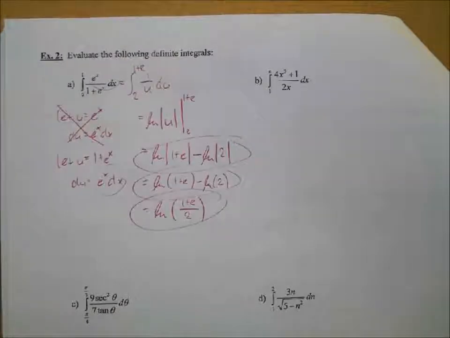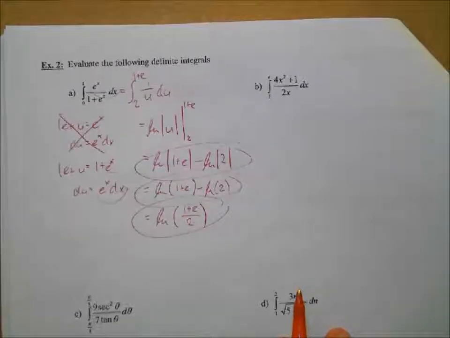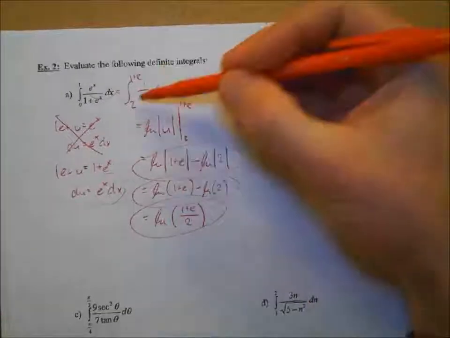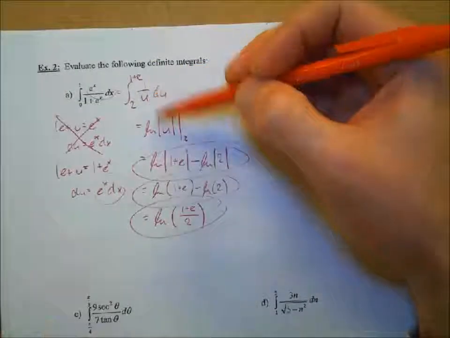Okay, question, Gabe? We never have to switch back into adding in 1 plus e to the x, because when we integrate with u, we don't have to go right back to x. Correct. Hypothetically, you didn't change your limits of integration. You left these blank. You just integrated 1 over u to get the natural log of the absolute value of u.